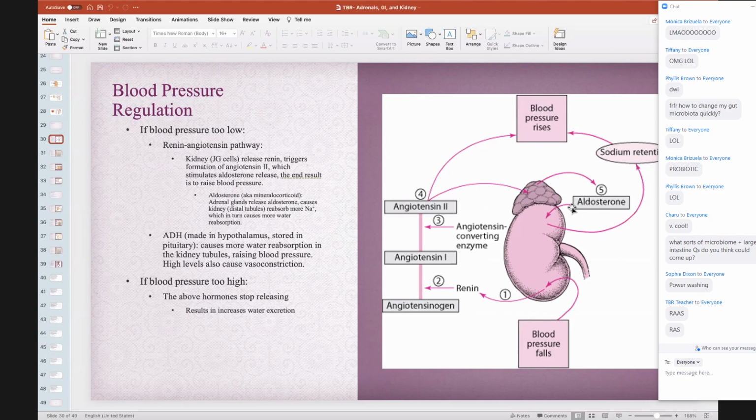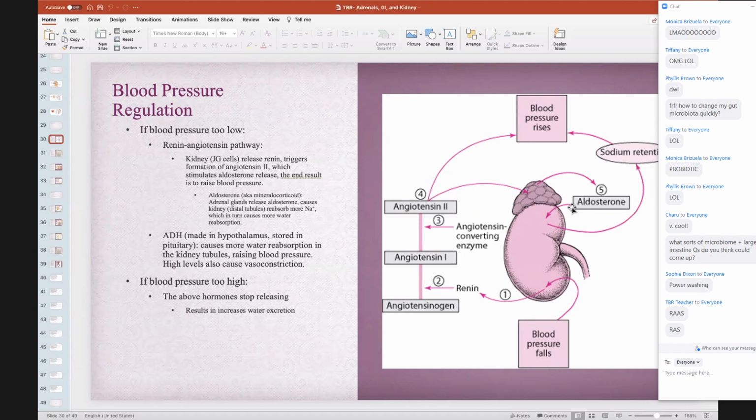And what's going to happen is water will always follow sodium chloride. So we absorb more sodium chloride, the water will follow. And as we absorb more water rather than pee it out, absorbing more water can help increase the volume in the blood vessels. Increasing volume in the blood vessels will help increase the pressure in the blood vessels.